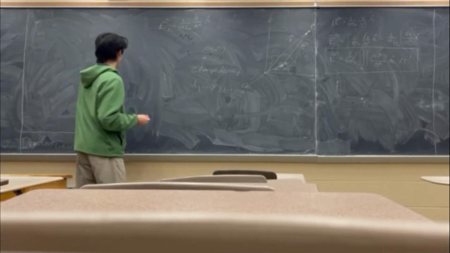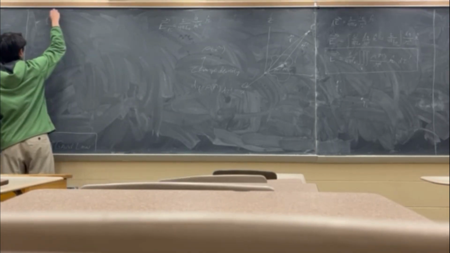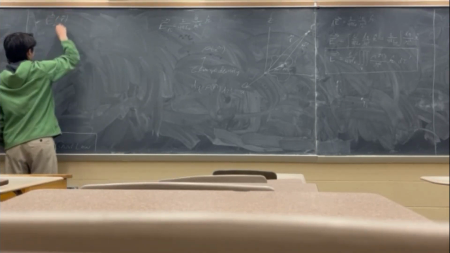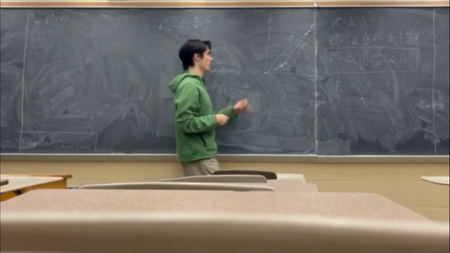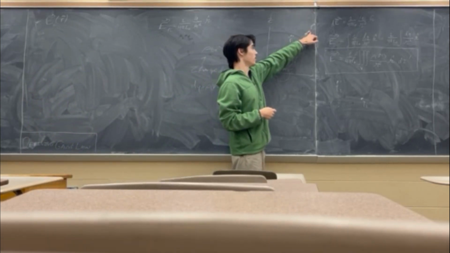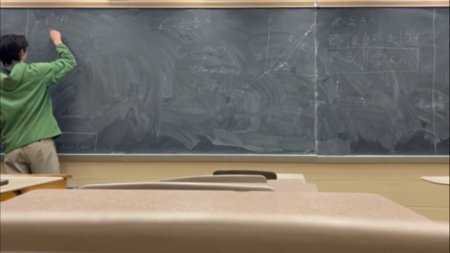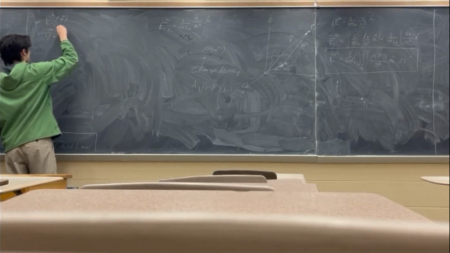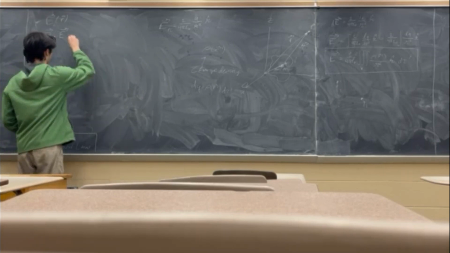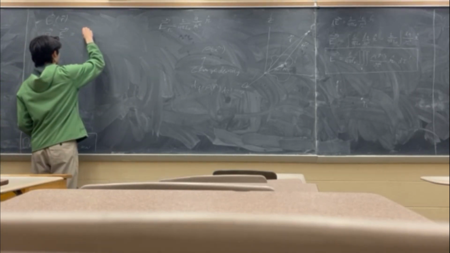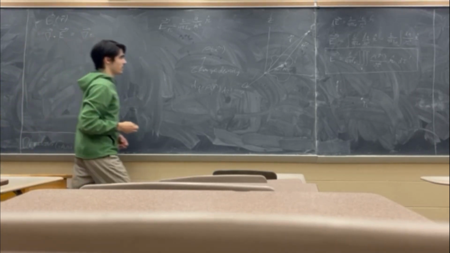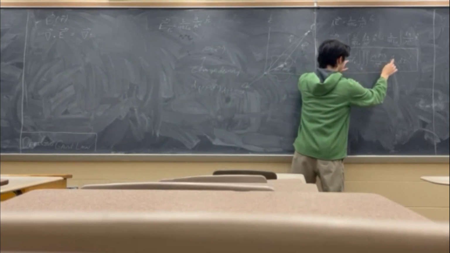We know that the electric field is a function of r. We have our vector r to our point, and we want to take the divergence of this. So we're going to take the divergence of the electric field E.